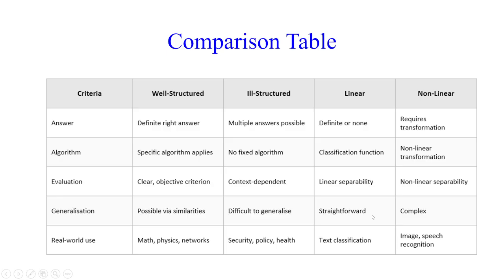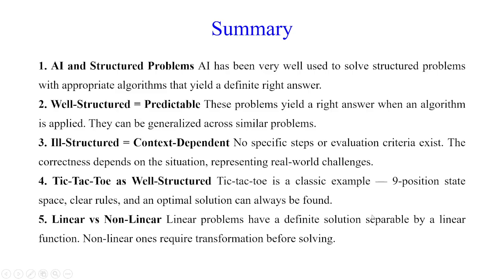So finally, what are the key takeaways, or what is the summary? AI has been very well used to solve structured problems, or well-structured problems. When an appropriate algorithm is applied, it definitely yields a right answer.